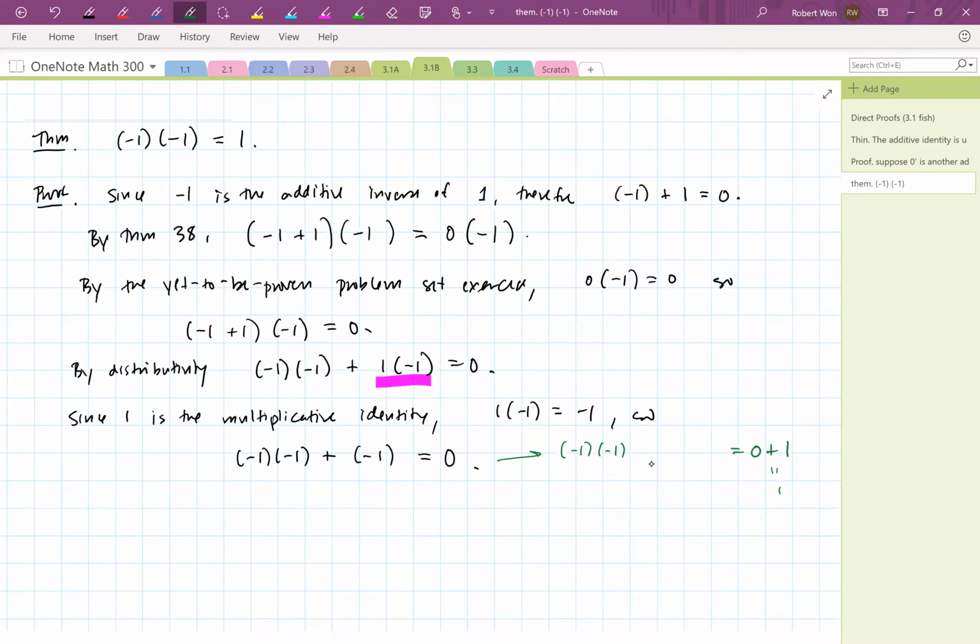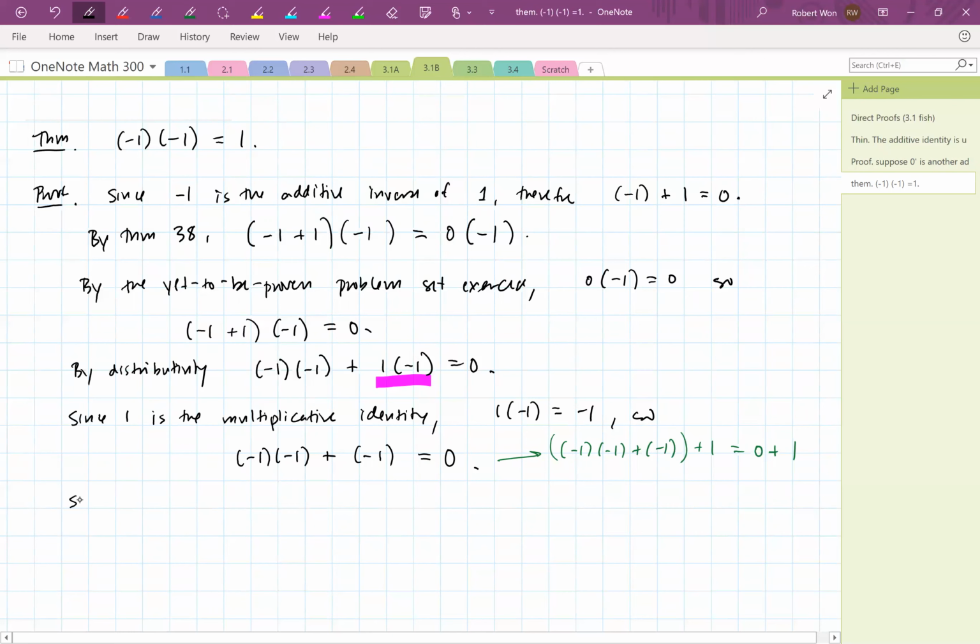Let me do it a slightly different way. So let me leave this as this here. One thing that you could do is add 1 to both sides using theorem 38. But what I'll do is instead rewrite 0 as something else. We already know that 1 plus -1 equals 0.